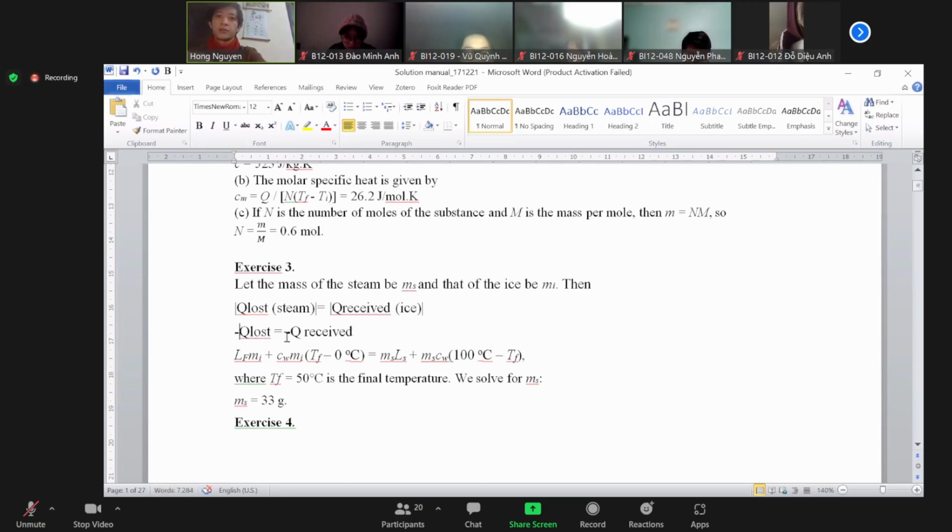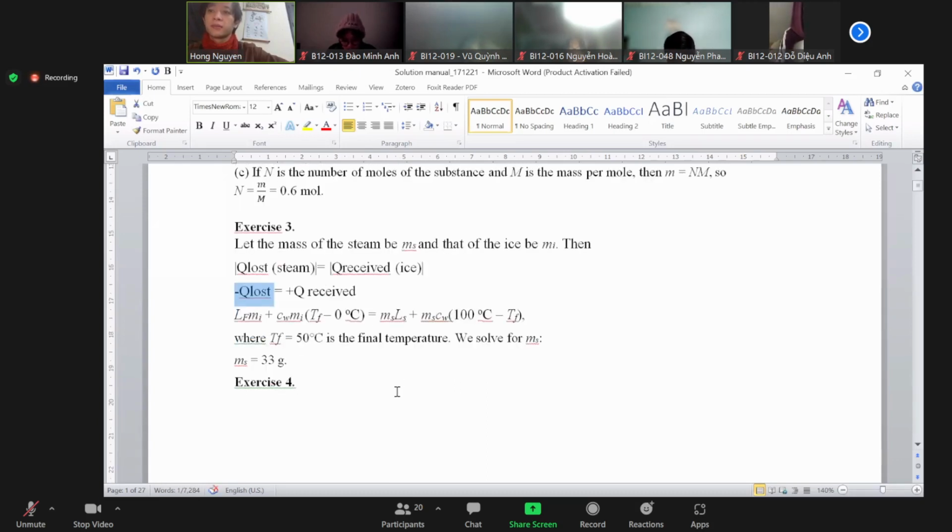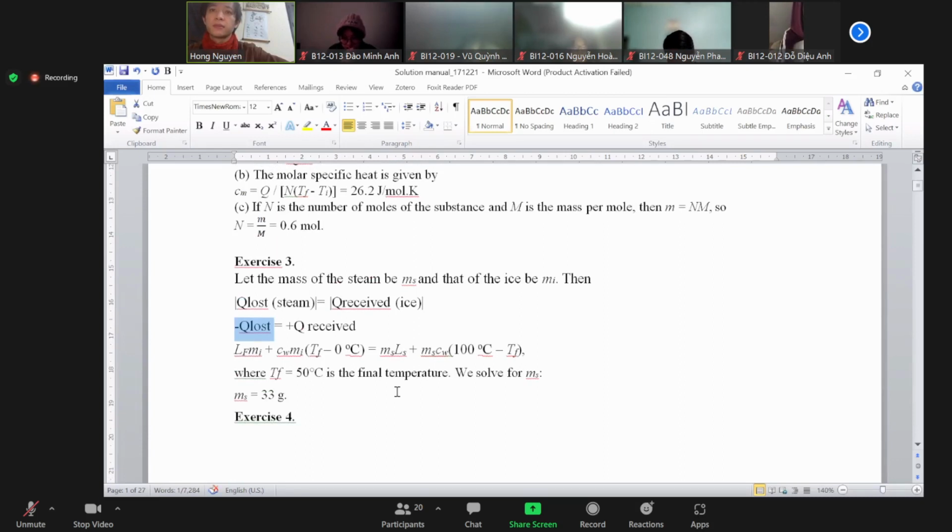Or here, it's up to you. You understand? Then if you write it, it should have a minus something here. Then for the formula, you should have this minus this. And here you have a minus and minus.